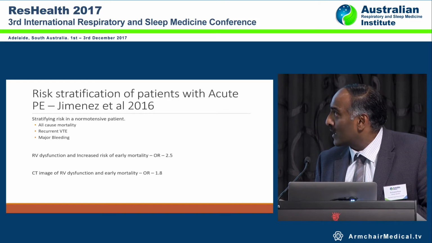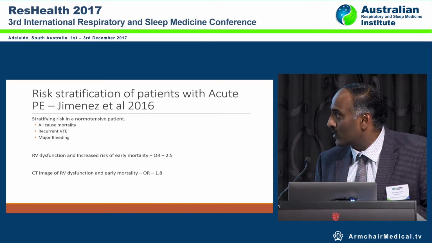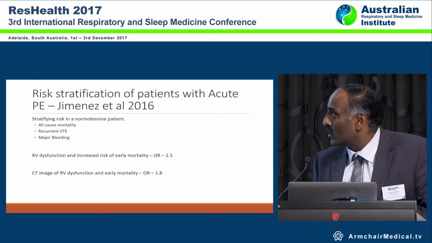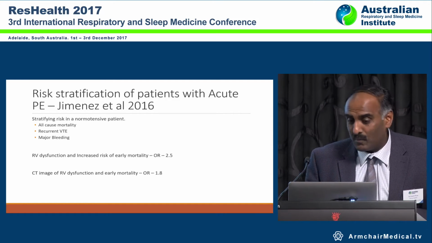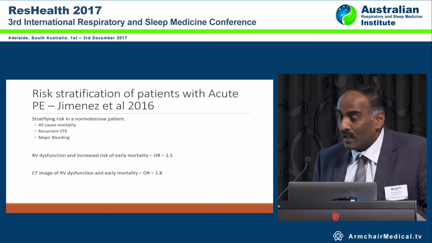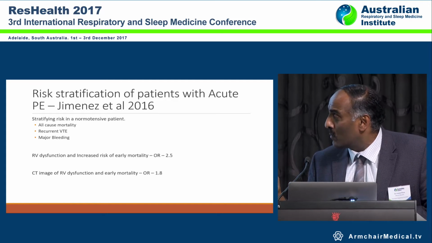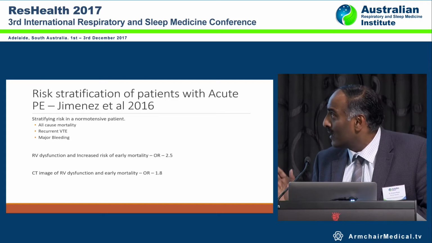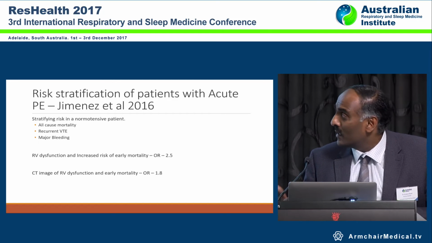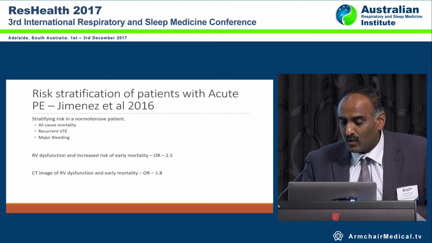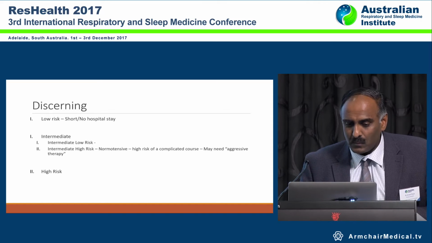Increased risk of mortality had an odds ratio of 2.5 when you had right ventricular dysfunction on echocardiography, and the CT image had an odds ratio of 1.8 of early mortality. So the echo is better, and there is an indicator that though they are normotensive, if the echocardiogram shows RV failure, there is a higher risk of an adverse event. And that's really the gray zone in this field.